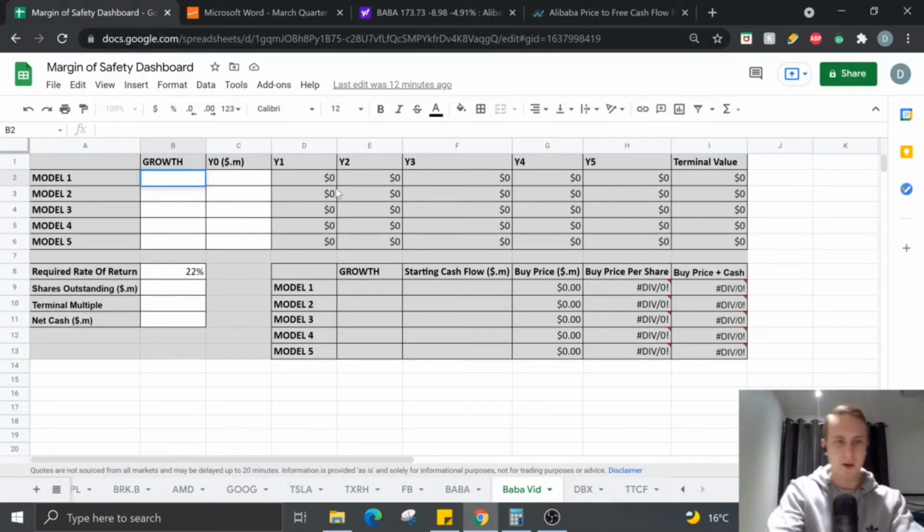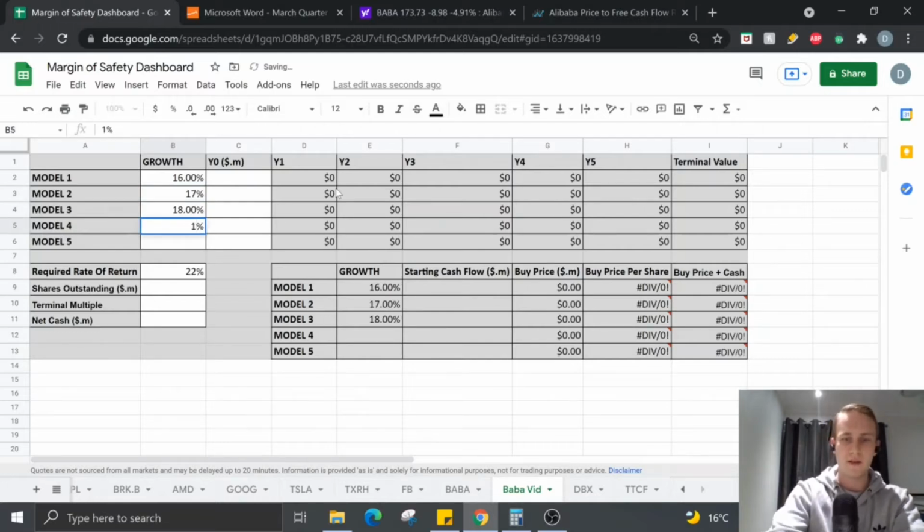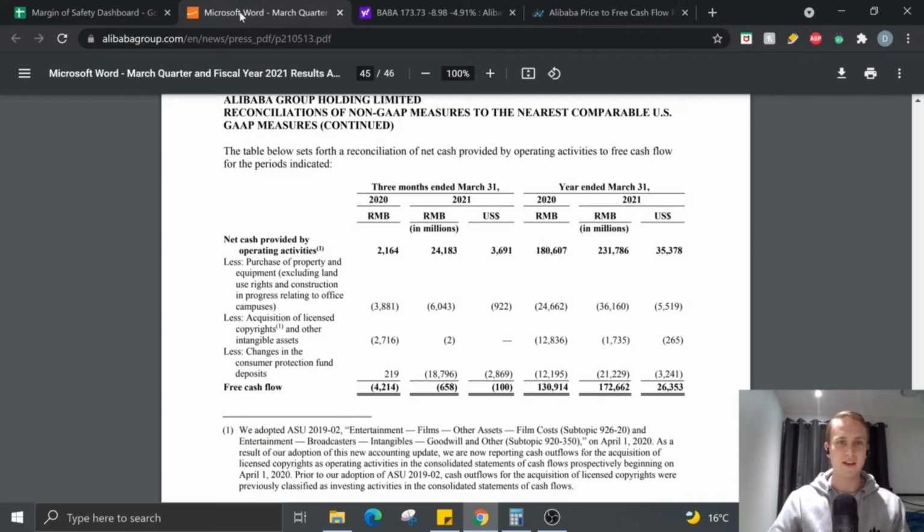The first thing we're going to do is enter our growth rates as discussed before. I believe that anywhere between, let's say, 16 all the way up to 20% growth per year is pretty reasonable for Alibaba. Now what we need is our free cash flow from the previous year, and we can get this by having a look at Alibaba's earnings from the previous year.